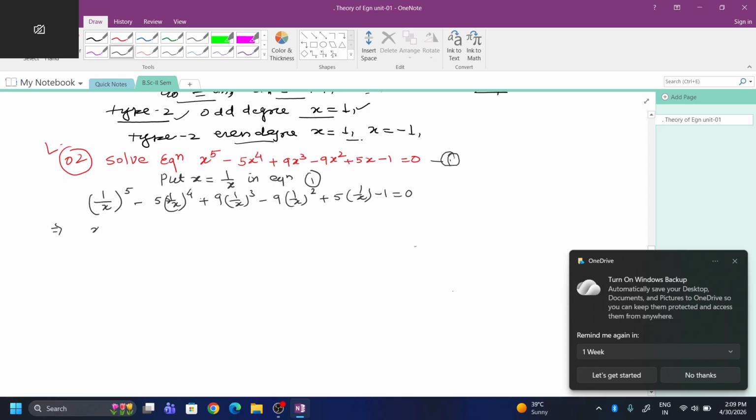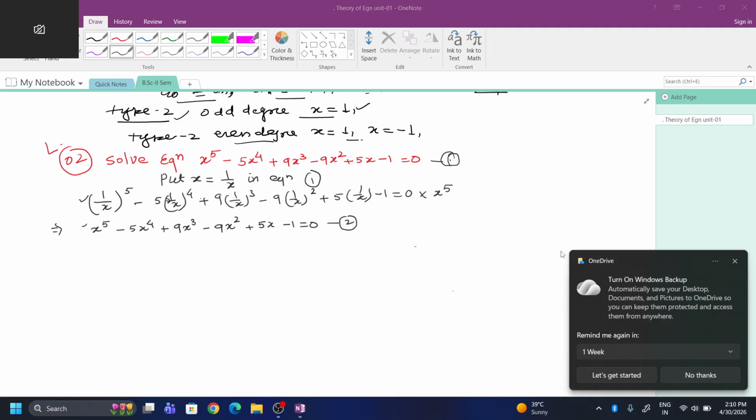It implies that x to the power 5 minus 5x to the power 4 plus 9x cube minus 9x square plus 5x minus 1 is equal to 0. That is, you can multiply this equation by x to the power 5. So once you multiply this particular equation by x to the power 5, then we get equation number 2.